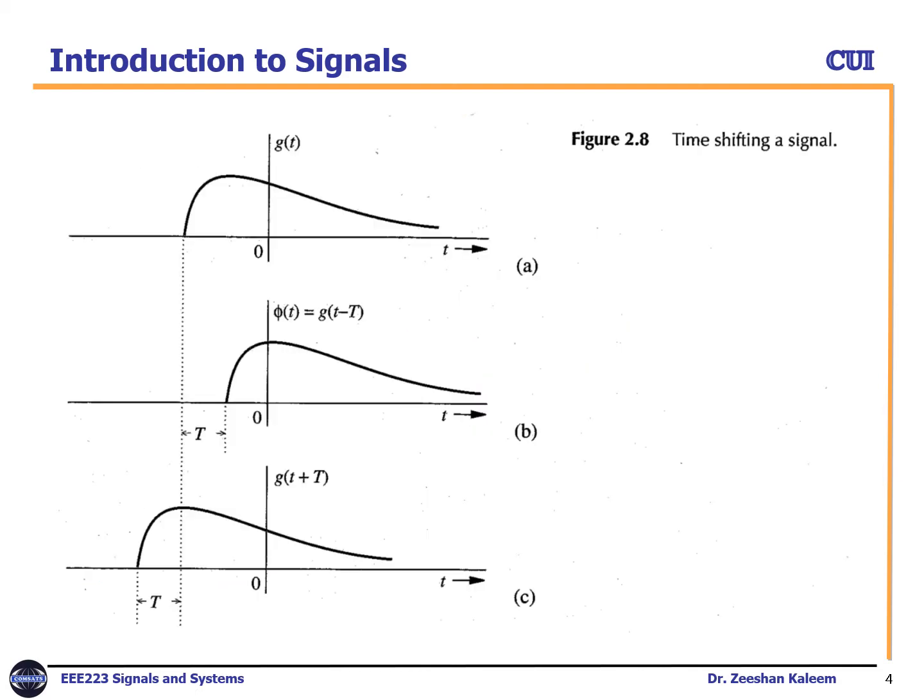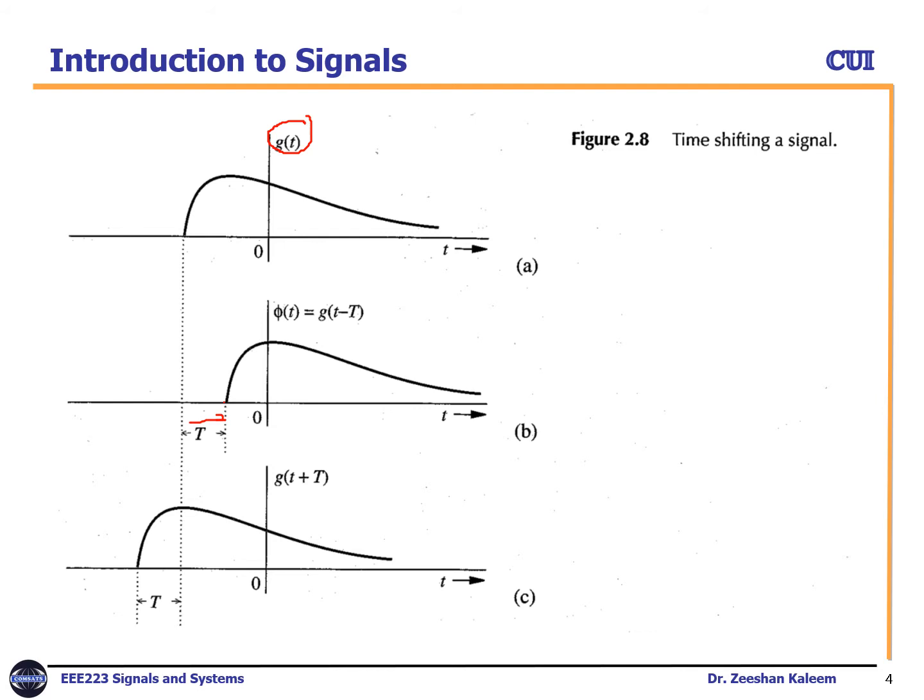For example, look at this. This is our original signal g(t) and we delay it by T seconds. If we delay by T seconds, we move to the right by T seconds, so we start from here and end here.